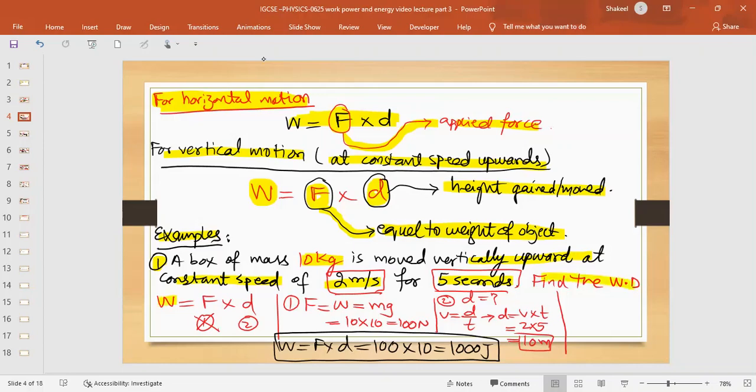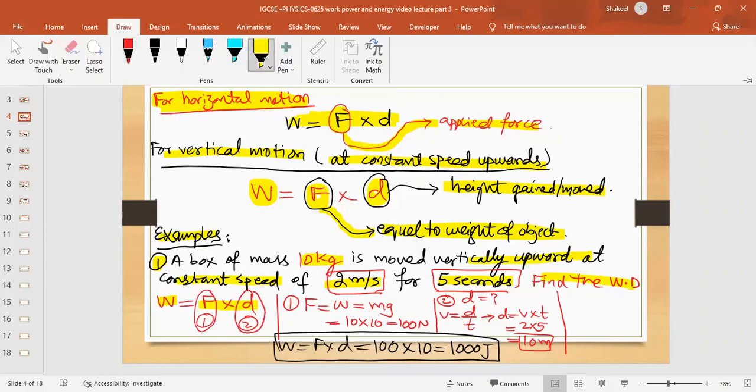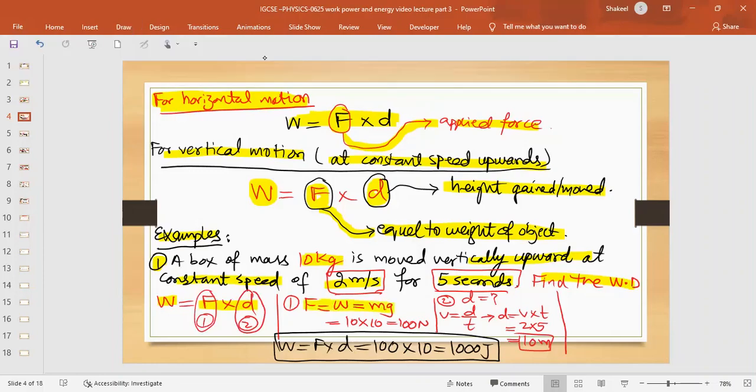Well, work done is force into distance. So you will be looking at two things: first, how much is the force, and secondly, how much is the distance moved. For force, we keep it equal to the weight of the object: mass is 10 and g is 10, so 100 Newton force is being applied.